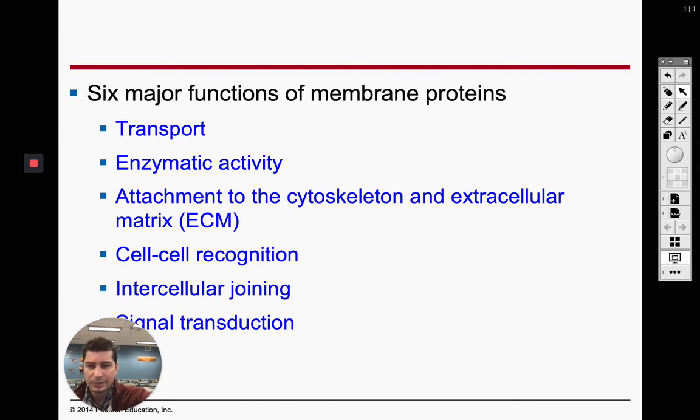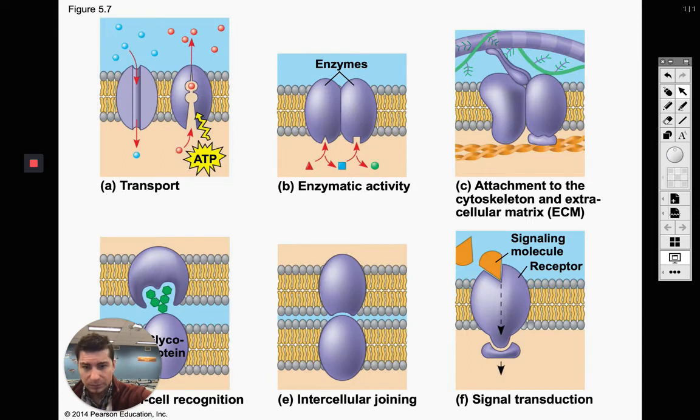So these are some different things we're going to go over with the functions of our membrane proteins. Here's a nice picture of them. They've recently found that, back in the day, guys, we thought our cell membrane was going to be a whole lot of phospholipids, and we just sprinkled in a few proteins. We found out that our proteins are very, very specific, just like enzymes are with the specific substrate.